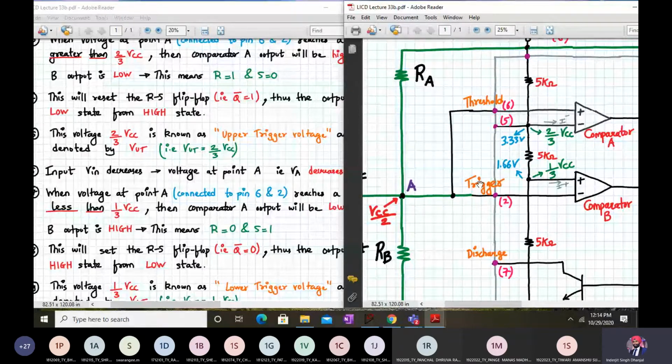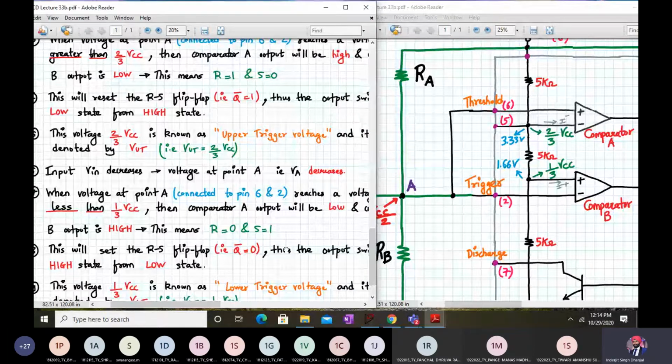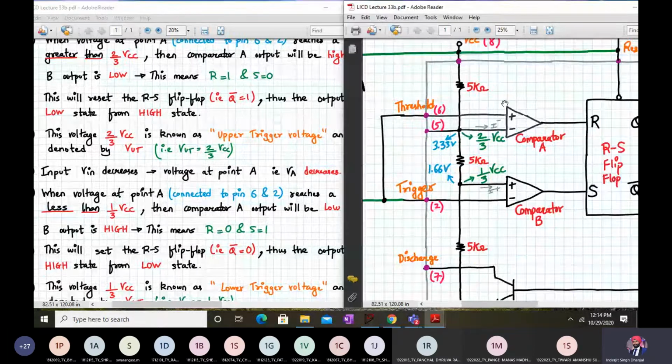So let's say my amplitude is reducing from 2.5 to 1/3 VCC, that is 1.66, and it's trying to go below that. So what will happen? The voltage at pin number 6 is less than 1.66, and pin number 2 is also less than 1.66. So comparator B output will be high, comparator A output will be low.